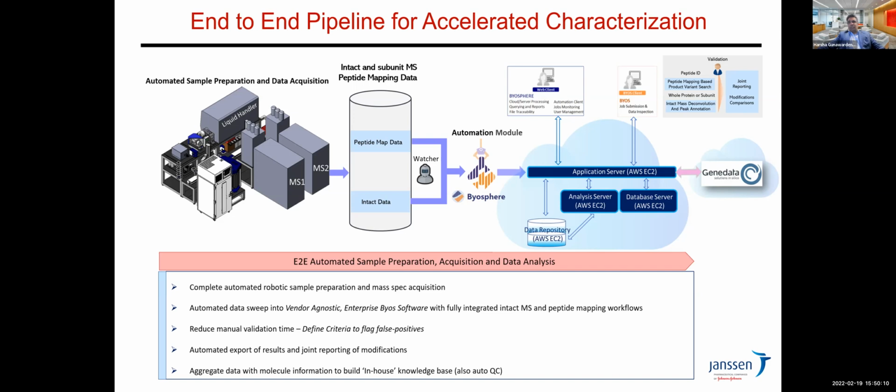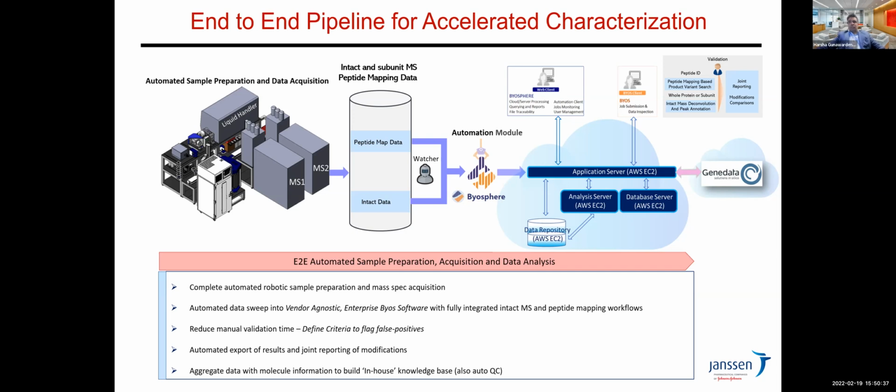Once the data is generated and stored on our servers, a watcher automatically sweeps the data to an automated module of the Biosphere Enterprise, which is software that resides in the Amazon workspace and centralizes all the data processing on an analysis server. The application server interfaces with a BIOS client or a web client for multiple users to access, reprocess, and upload analysis results.